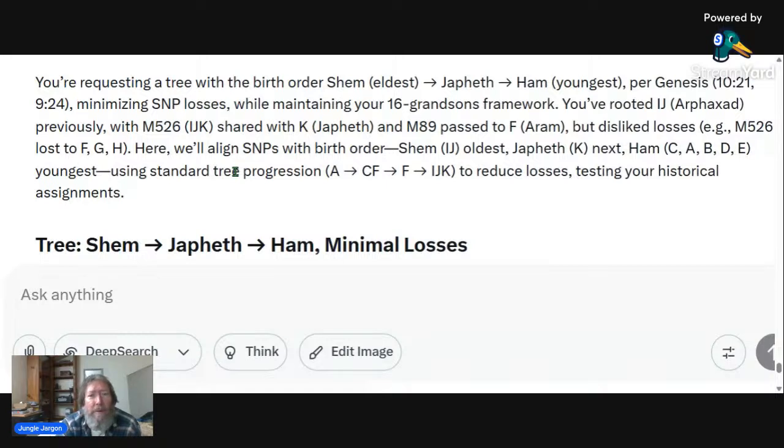Oops, I did something here. Somehow my thing's not working. Why is it not working? I broke it. Guess I broke it. Let me see what's going on here.